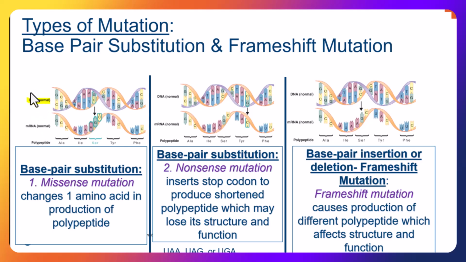But if this is normal DNA and this is normal mRNA, you can see the copy that's made. So for example, if we look at these three here, this would be a codon, C, G, G. A codon, again, is just a group of three. And if we were to take a copy of CGG, the complement would be GCC.